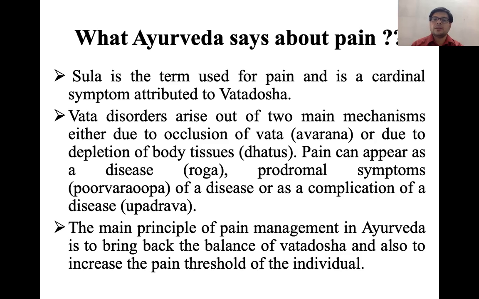Pain can appear as a roga, as a prodromal symptom, or as a complication, which we call upadrava. So if we balance vata dosha, there will be a direct treatment of pain. We can say in Ayurveda that if we combat vata dosha, there will be relief of pain.